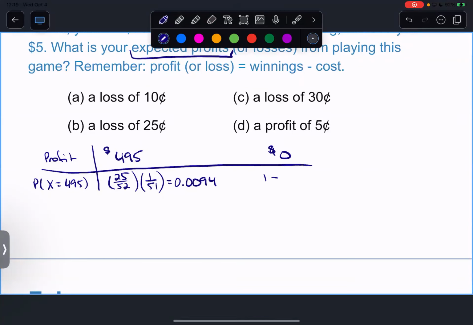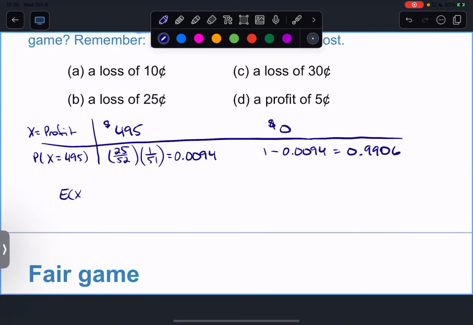$0 has a probability of 1 minus 0.0094. I don't need to work it out or anything. You can just subtract from 1, which is 0.9906. The expected profit, which is X. So here I'll clarify, X is the profit.